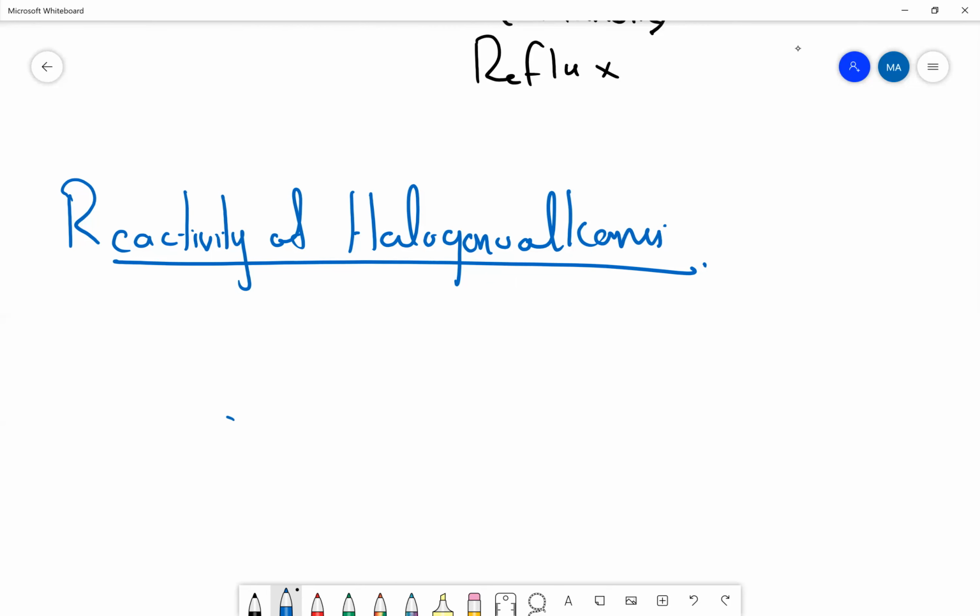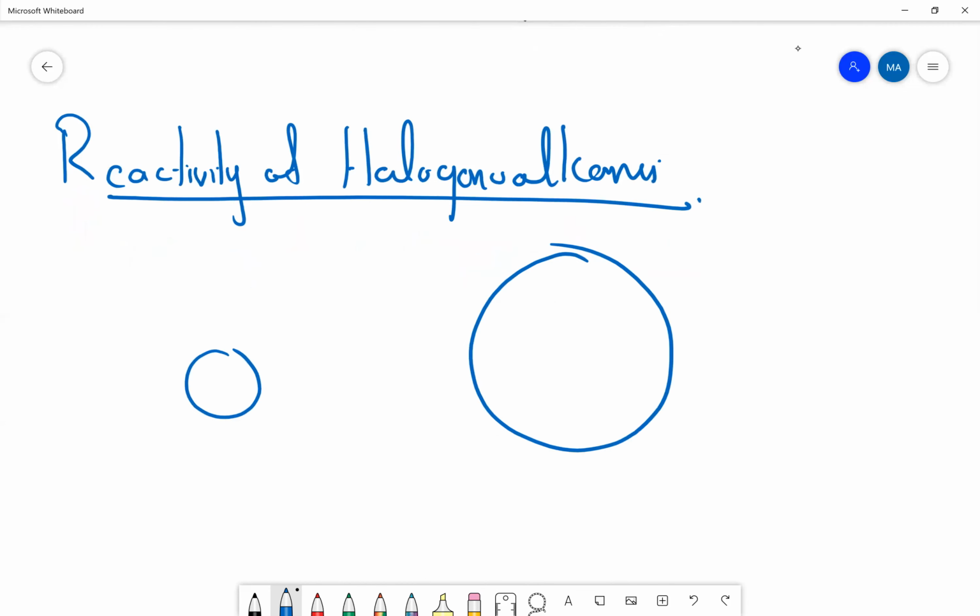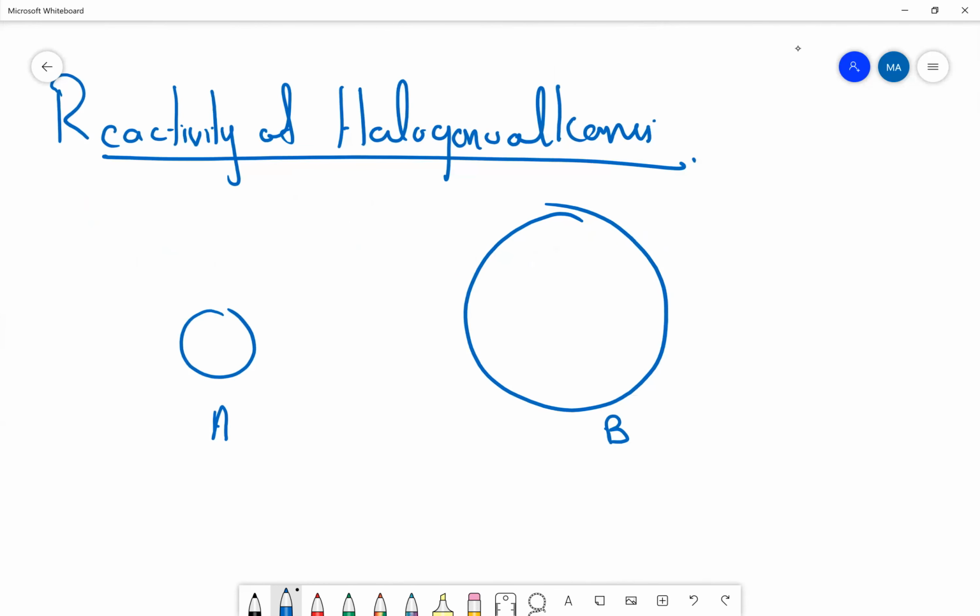See, I'm going to draw this diagram again. There's a difference between the radii of these two atoms. The first one has a smaller radius, whereas the second one has a bigger radius. So obviously the second one is more reactive. Why? Because of the weaker bond strength. And why is the bond strength weaker? Because the electrons are far apart from the nucleus.